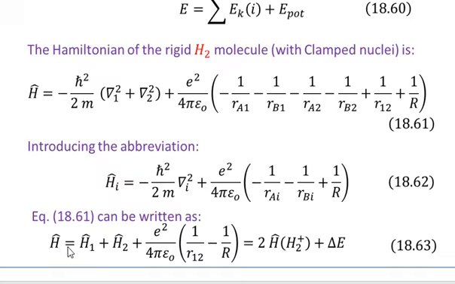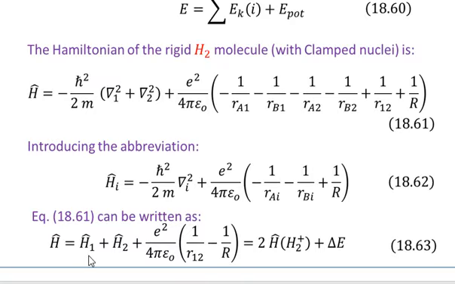That is, the H operator is equal to the H_1 Hamiltonian operator plus the H_2 Hamiltonian operator plus e squared over 4 pi epsilon naught, with the parentheses containing 1 over R_12 minus 1 over capital R.